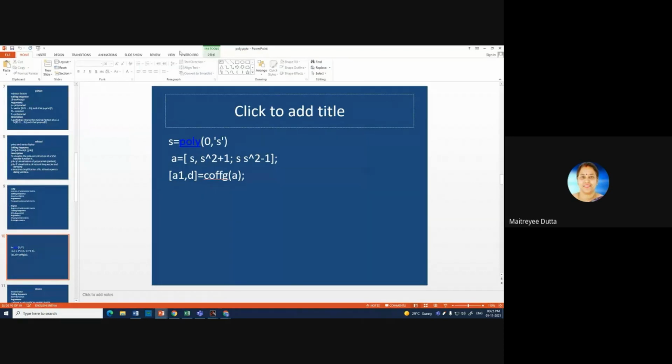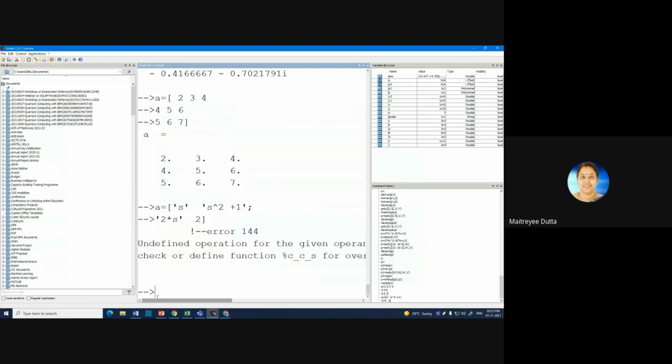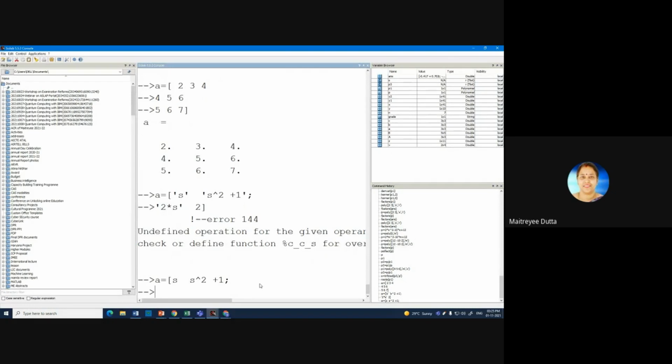So if I want to write S, it should not be within quotes. Let me remove those quotes. Then 2S maybe I am writing.